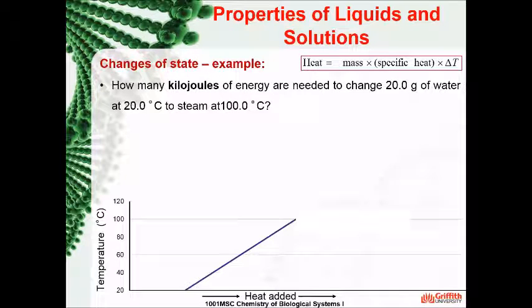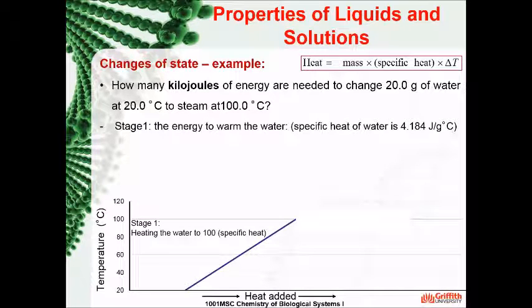The second stage is to boil the water and change the state from liquid to steam. For the first stage, we need the specific heat for water. We have 20 grams of water at 20 degrees Celsius, and we need to warm the sample to 100 degrees Celsius. So we need 6.7 times 10 to the 3 joules of energy to do the first step.